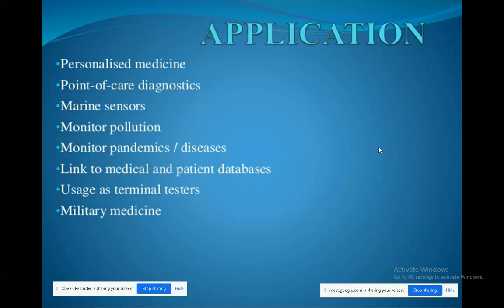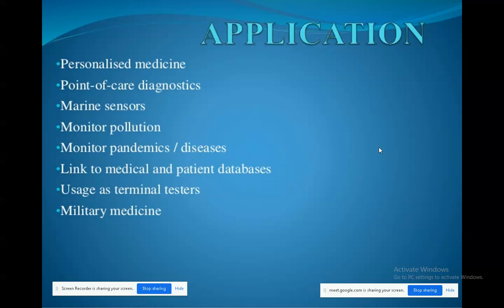Marine sensor diagnosis means he can easily monitor the data collected from the patient through the lab on chip. Marine sensors can be used there. Monitor pollution, monitor pandemics. A pandemic is a spreading disease, like Corona disease monitoring, you can use it also.